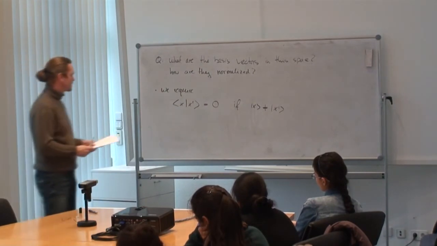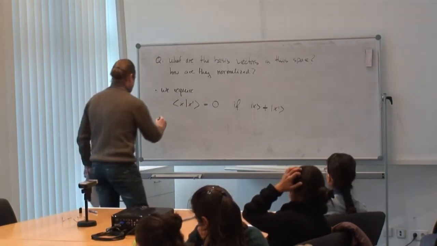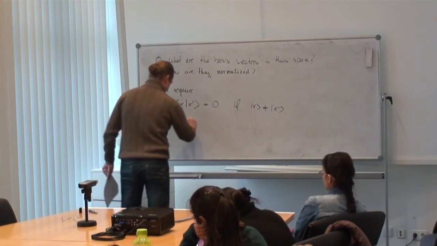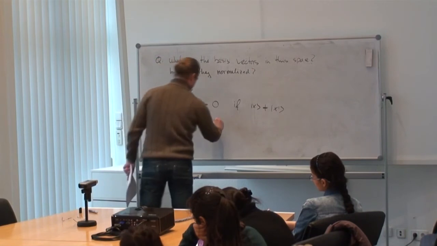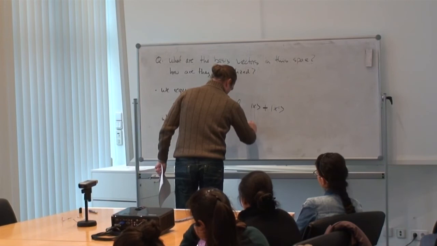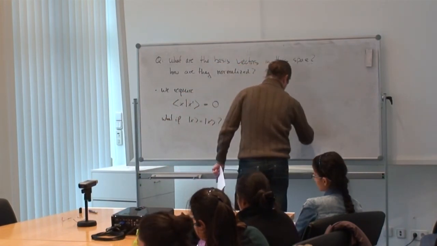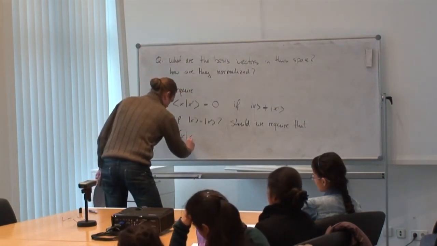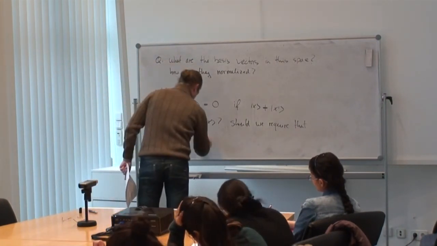And the question is, and this is where this gets strange, the question is then, what if x is equal to x prime? Should we then require that in this case the inner product between these two basis vectors is 1?